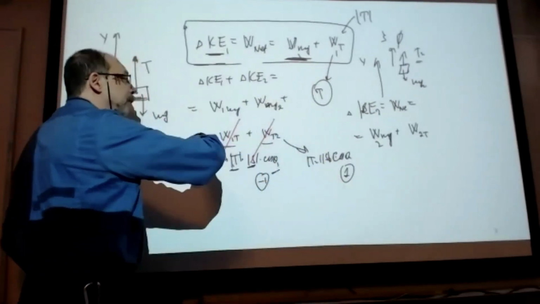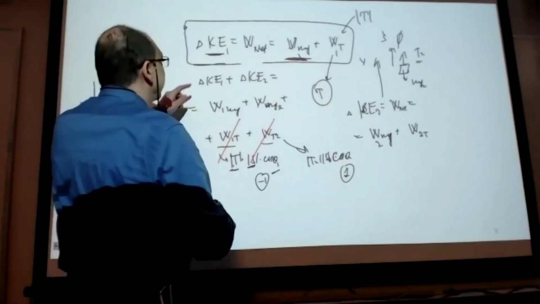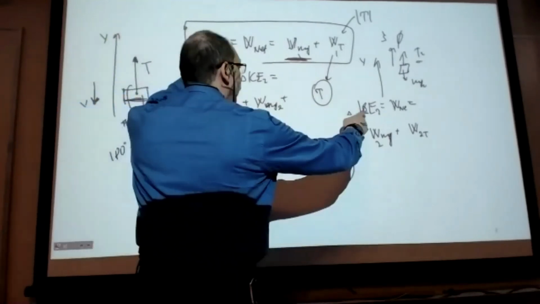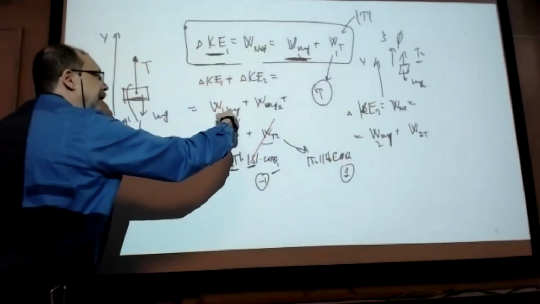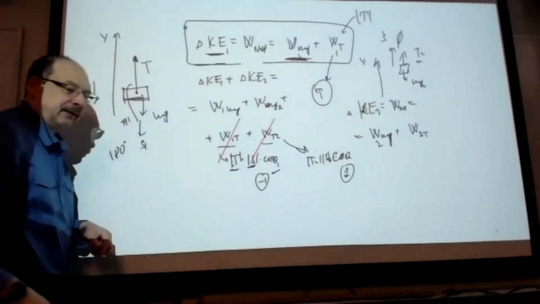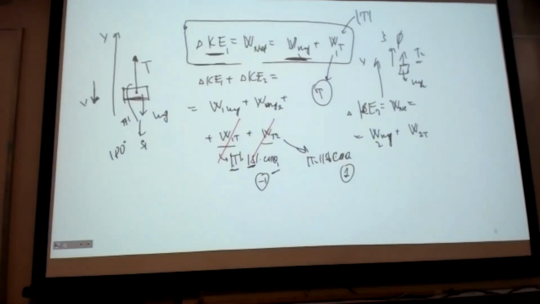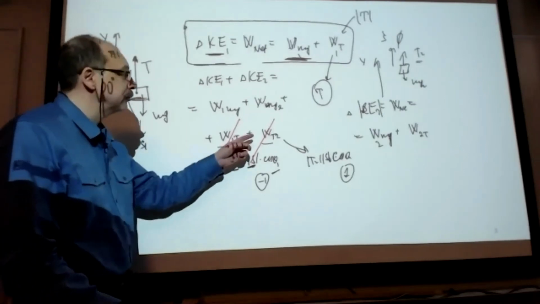Now what can I do? I can write the law for the whole system. If I add this kinetic energy change and this kinetic energy change, I will get the change in the kinetic energy for the whole system. And what I have is, of course, work done by gravity number 1, then work done by gravity number 2, then work done by tension number 1, then work done by tension number 2.